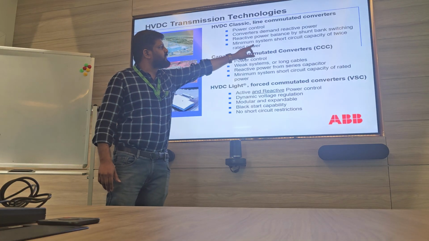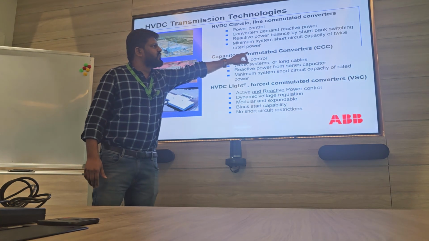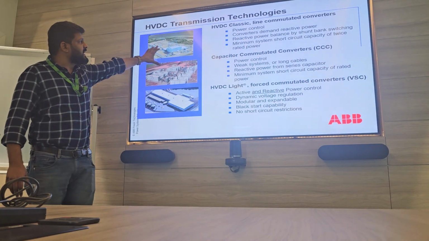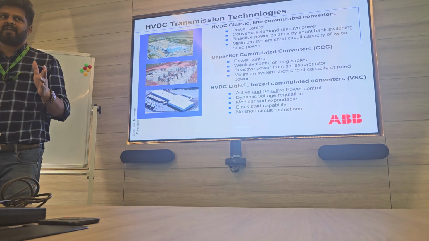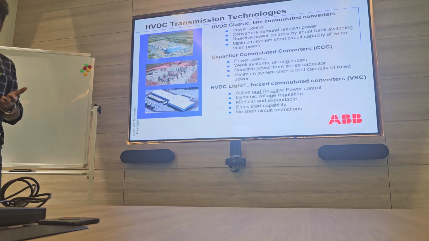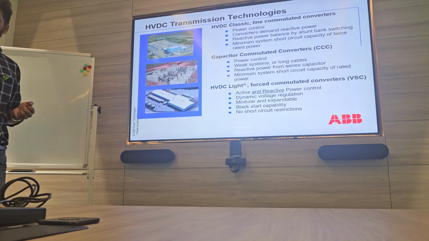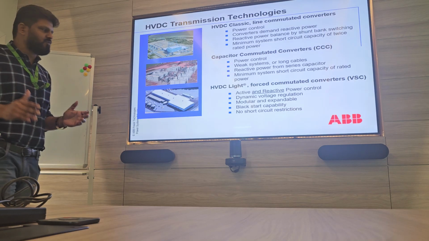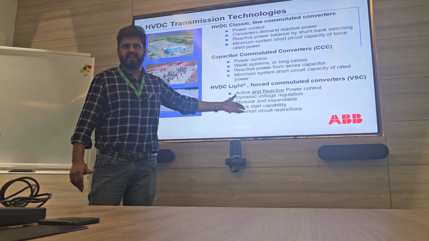And this requires a minimum system short circuit capacity of twice the rated power. So LCC is only to be connected in strong networks, where the short circuit ratio is high. If the short circuit ratio is low, that is called a weak network. So wherever there is a weak network, VSC is the preferable technology.